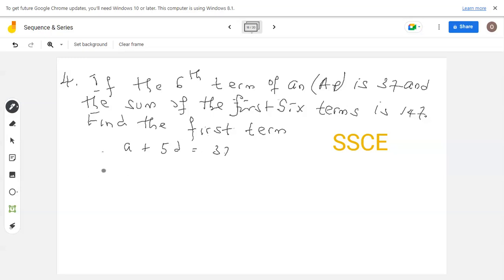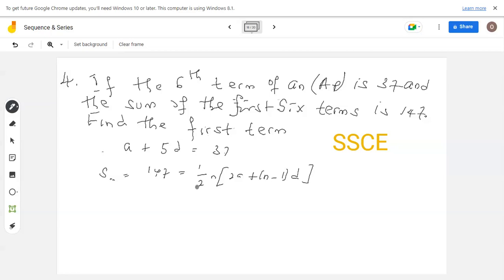The formula for finding the sum is, the sum, 147 as we are given in the question, is equal to half n into 2a plus n minus 1 bracket d, then close bracket.